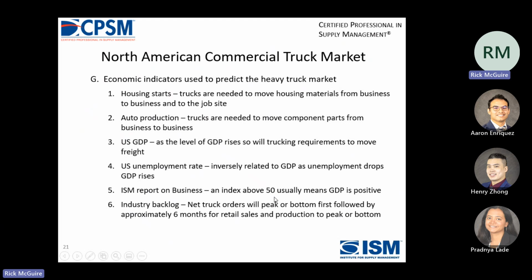The ISM report on business we looked at last time: if it's above 50, GDP is expanding and positive. If it's below 50, it's negative. There's two reports, one on the service industry and one on the manufacturing industry. The service industry has been positive with the exception of December for the last year. Manufacturing industry has been negative for the last 6 months.